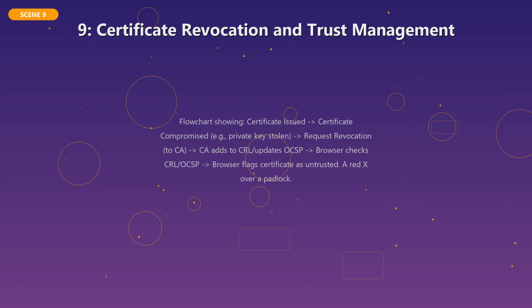While certificates are designed to be valid for a specific period, typically a year or more, what happens if the private key associated with a certificate is compromised, or if the organization changes its name, or simply goes out of business? We can't just wait for the certificate to expire naturally.